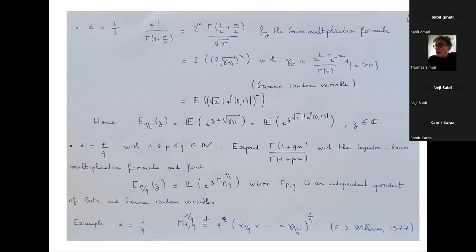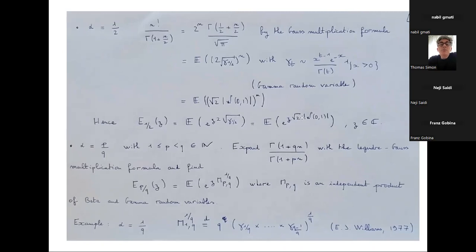And we can also recognize integer moments in the rational case when alpha is p divided by q, with q strictly greater than p. Then you can expand the quotient of gamma functions by the Legendre-Gauss multiplication formula on the gamma function, and you find some random variable to the power 1 divided by q, which is a product of beta and gamma random variables.